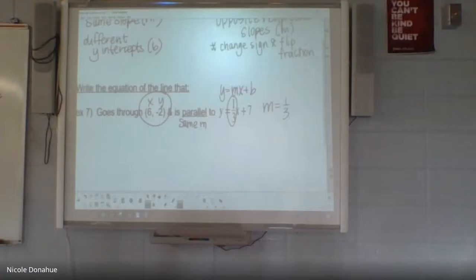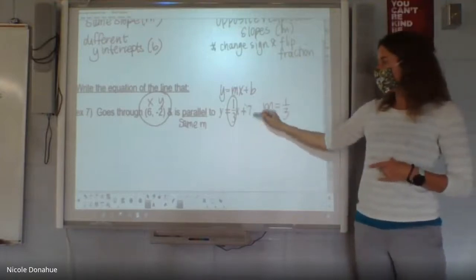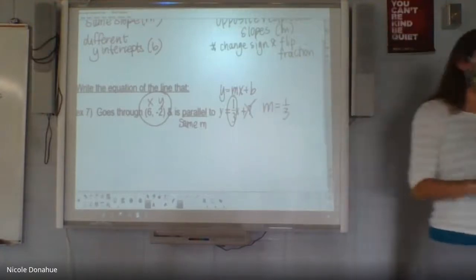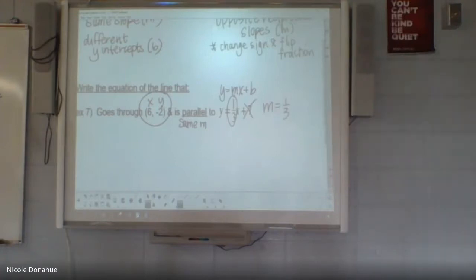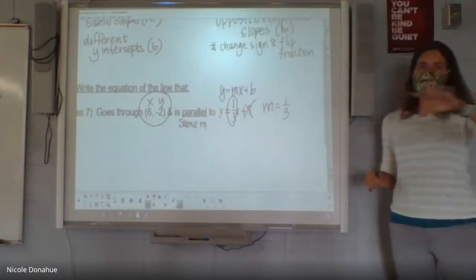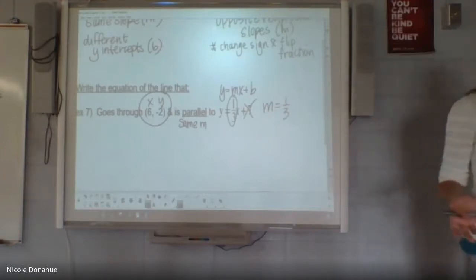Looking at an equation like this, I can just pull the pieces I need in order to write my new equation. Now their b, I don't want that. That's extra information. So if you have to cross it out, ignore it, don't use their b. So I have m, I have x and y, and I'm going to find b. We just did this yesterday.